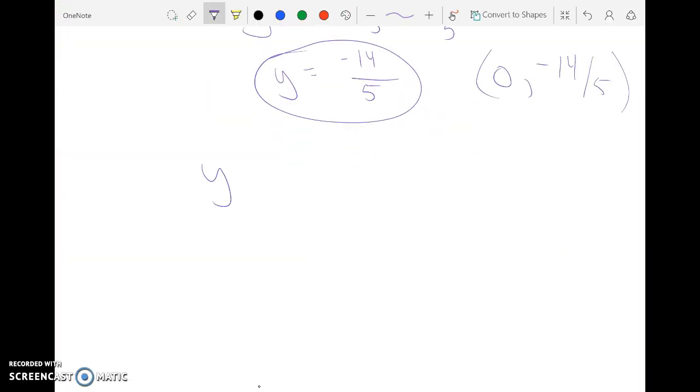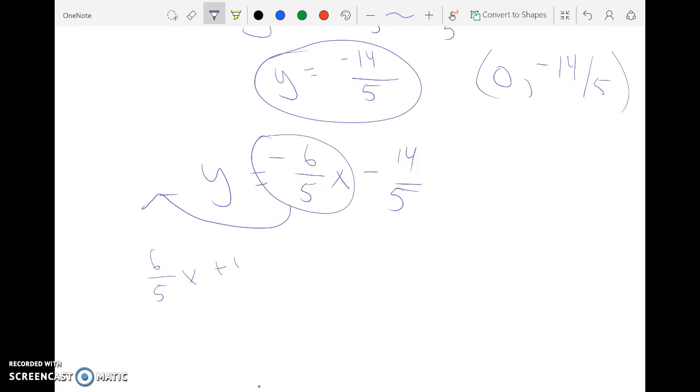My slope-intercept form was y is equal to negative 6/5 x minus 14/5. To change this into standard form, I just take this entire quantity right here and move it to the other side by doing its inverse operation, which I get 6/5 x plus y is equal to negative 14/5.